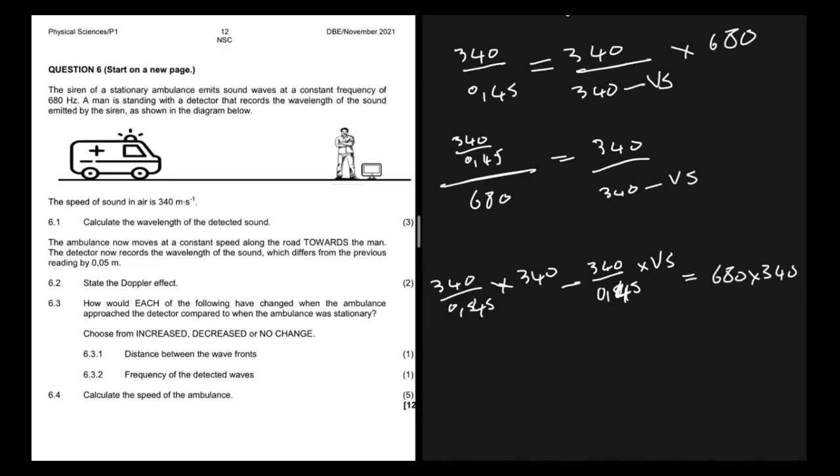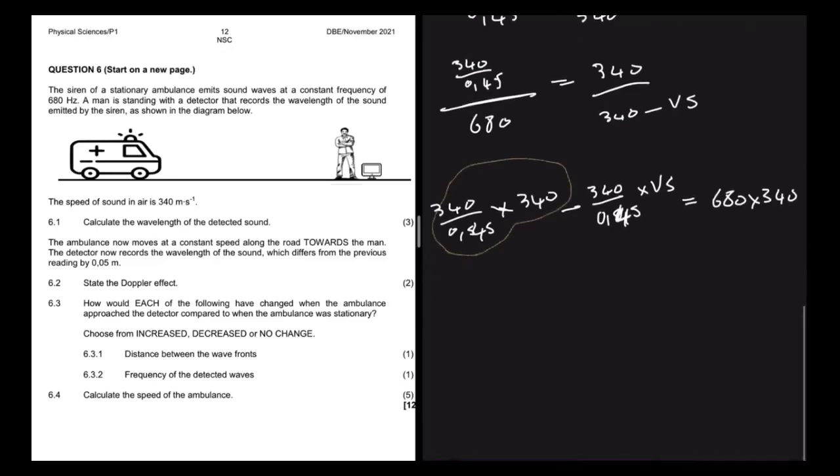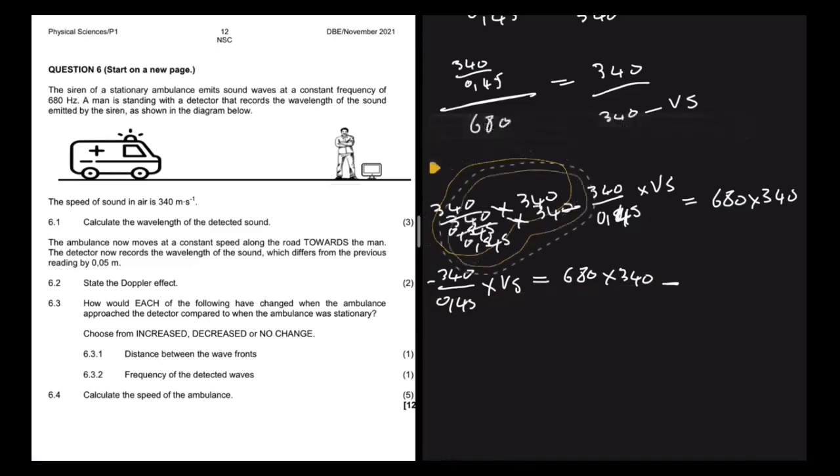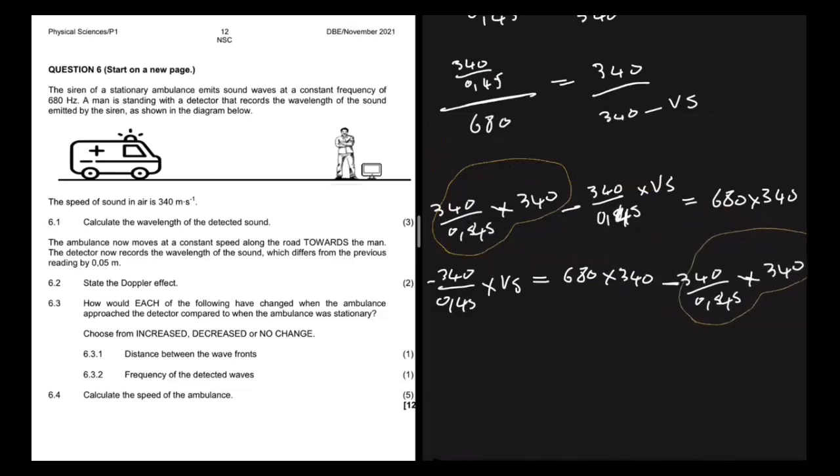So I can take this expression here to the right hand side. I'm gonna get minus 340 divided by 0.45 multiplied by velocity of source equals 680 multiplied by 340 minus our expression, right? So let me just copy it and paste, right? So minus this expression here, right?